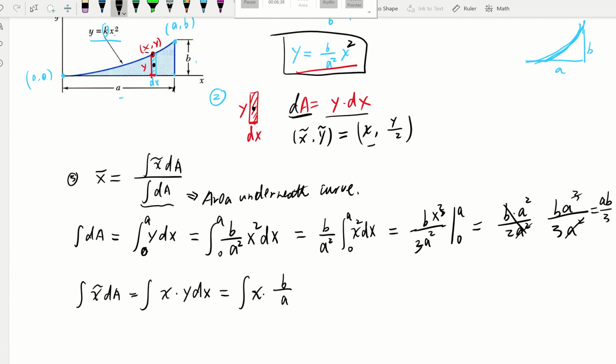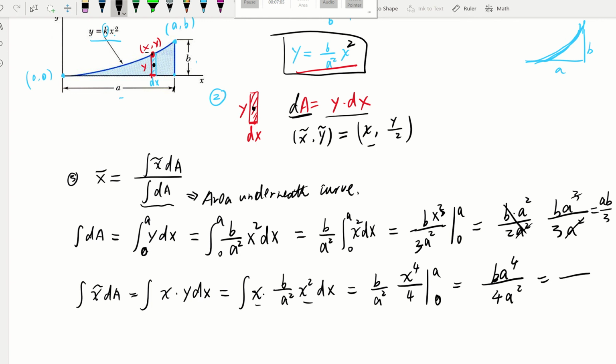It's b over a squared x squared dx. Then take out the constant b over a squared. Then we have x cubed inside the integral. Then integrate that: x to the fourth over 4, and x ranges from 0 to a. Then plug it in, we have a to the power of 4 times b over 4a squared, minus 0.